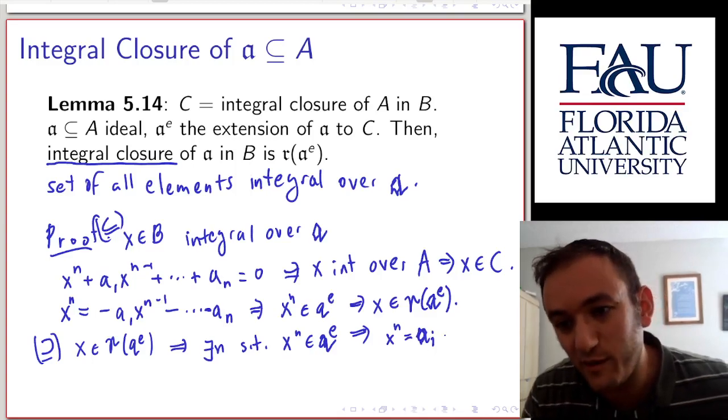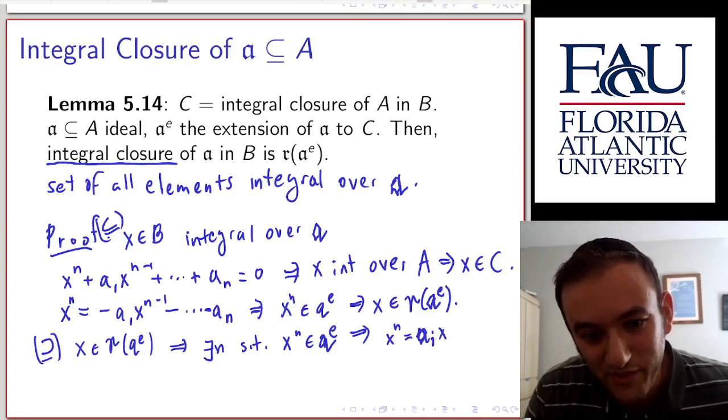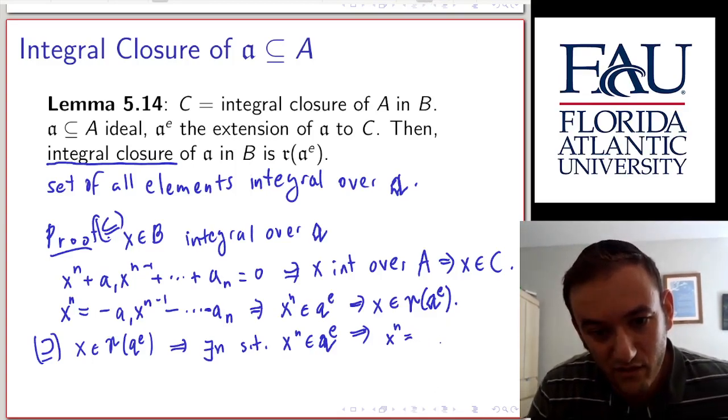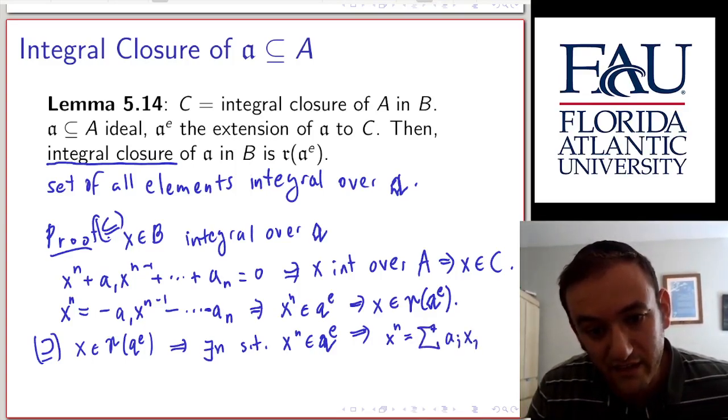Yes, C linear combination of elements of A is the correct one. So we have x to the n is equal to the sum of the ai xi, i equals 1 to m.